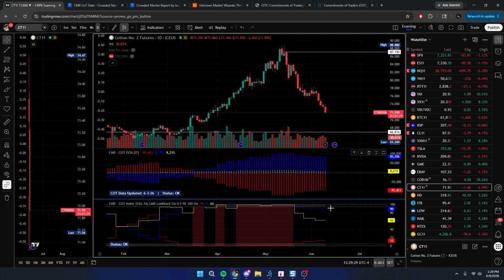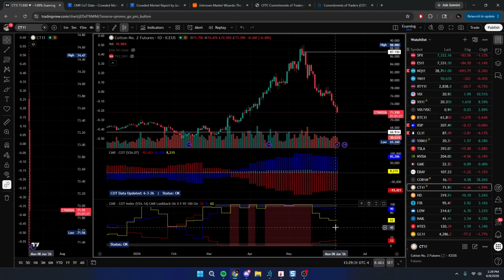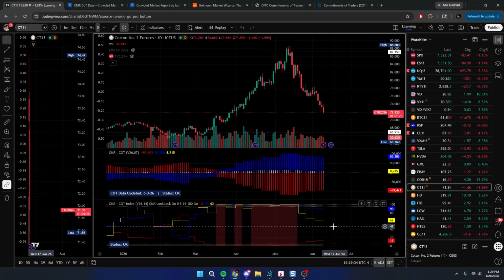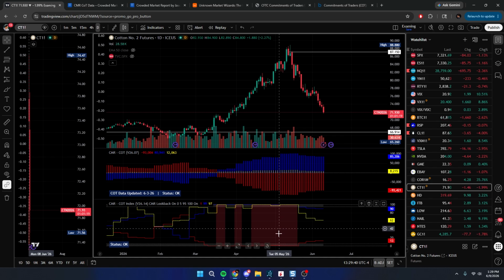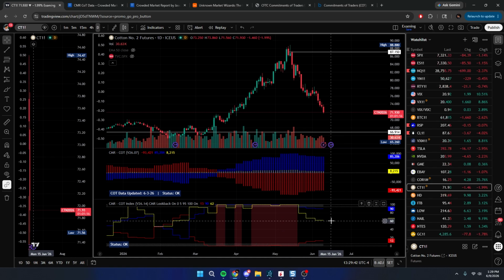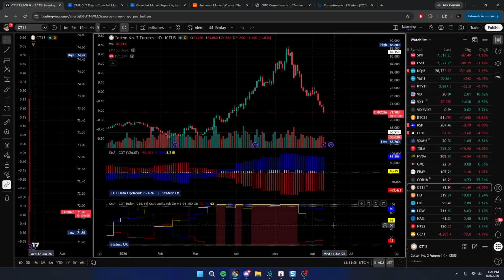Normally speaking, this is how Jason does it. His viewpoint is that once either the large speculators or the small speculators, in this case since we're going short, once they surpass that 50 percentile mark, and they're pretty much less long than they were at the peak, that's when we exit.